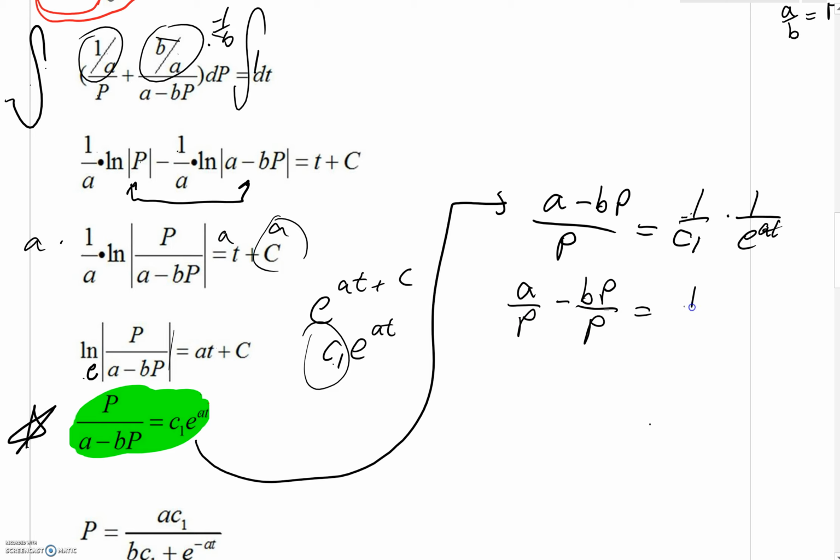And over here we could say that's 1 over C1 times e to the negative at. And the P's are going to cancel, and you'll have A over P minus A B is equal to this, really e to the negative A T all over C1.